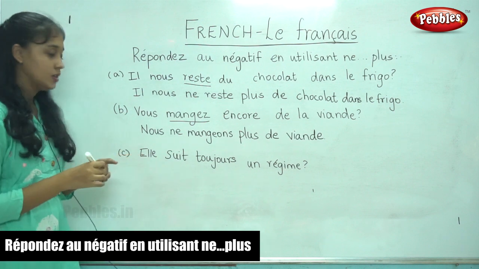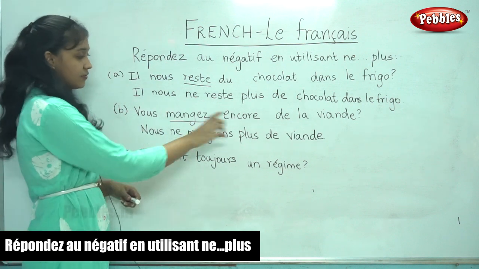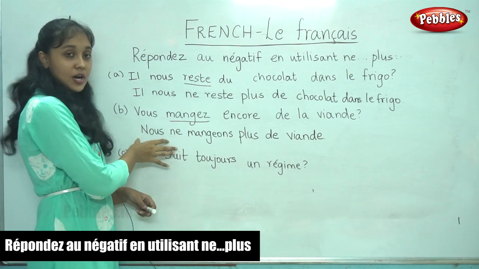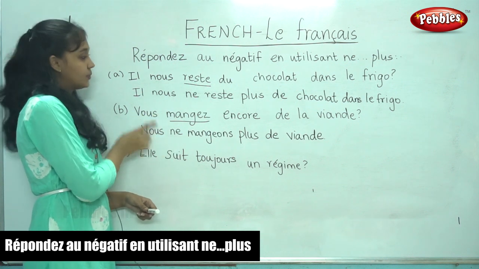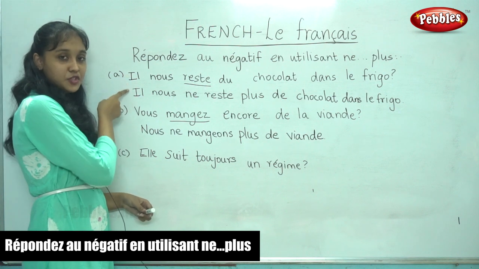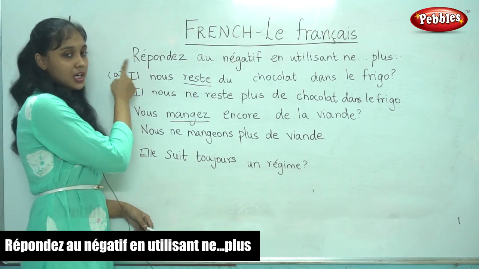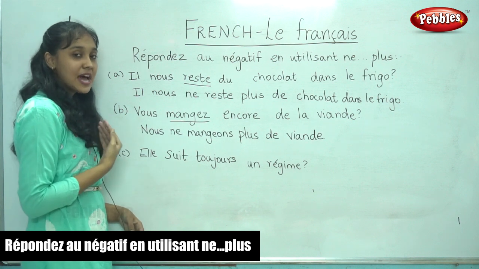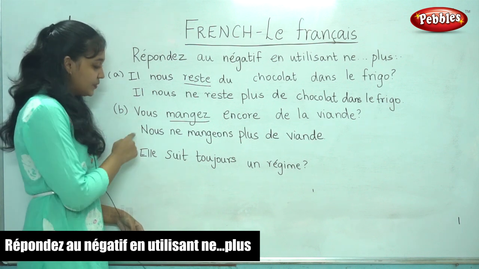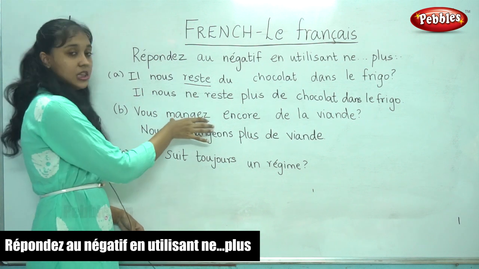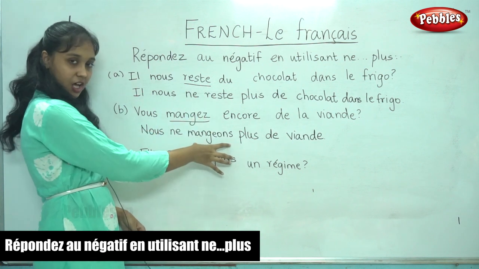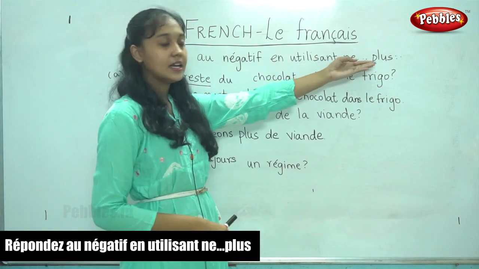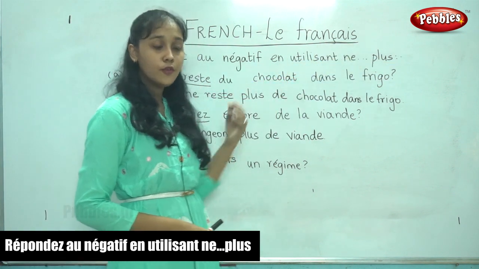So what did we do? We first read the question and in order to answer it, we need to change the subject. In this case, we didn't have to change the subject because it is third person. Since this is second person, your answer will have to be in first person. So nous, the verb is also conjugated accordingly, and our goal here is to write it in the ne plus form.